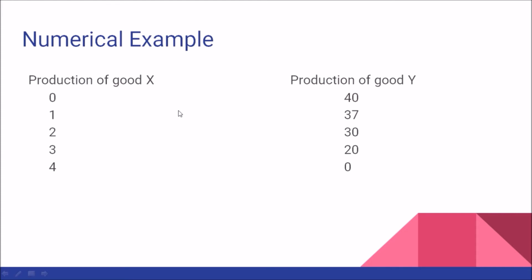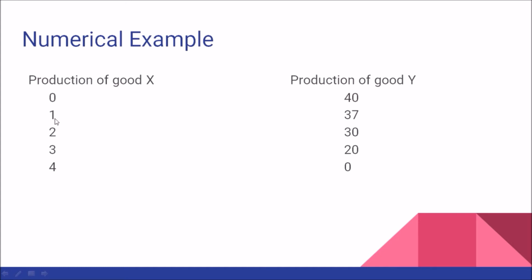According to the example, you can see the economy is producing two goods, X and Y, and the number of X units is continuously increasing by 1 unit each time, while the production of good Y is continuously decreasing when the production of good X is increased.